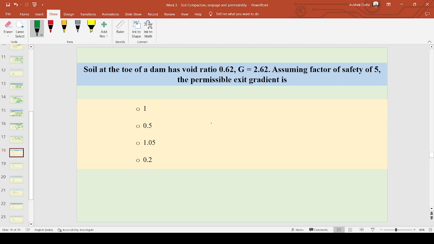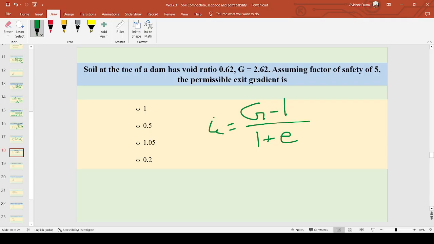Critical exit gradient. The formula is G minus 1 by 1 plus e. Need more time? Okay. Actually, these questions are very small. I've given almost 15 minutes time. These numericals you could have solved at first because these are more important.